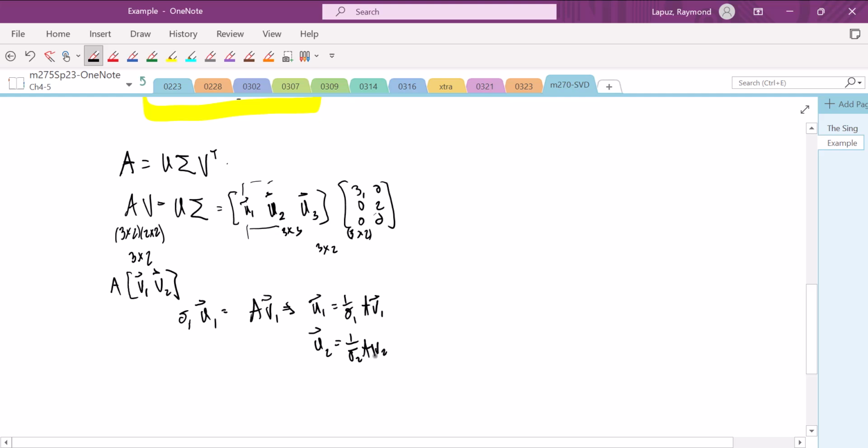Now, since we don't have a third column for V, we have to find U3 another way. The way to do that essentially is to extend these 2 vectors. They're supposed to span R3, since this is going to be a 3 by 3 matrix.